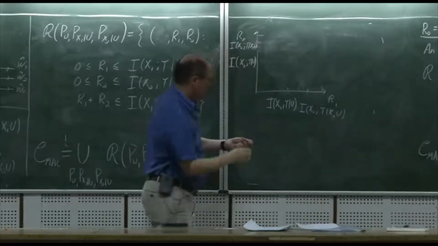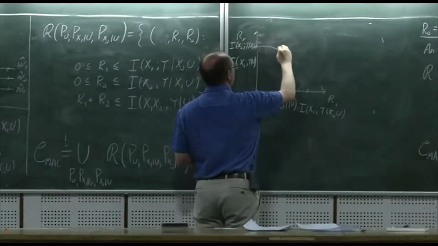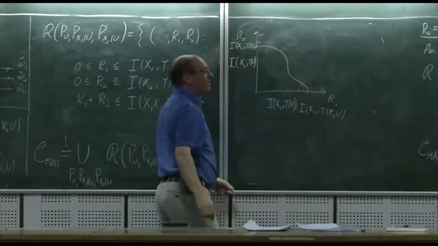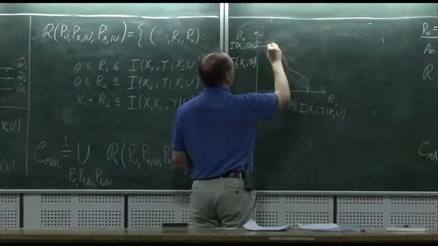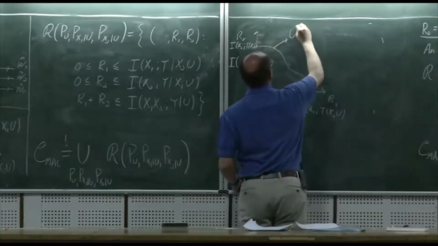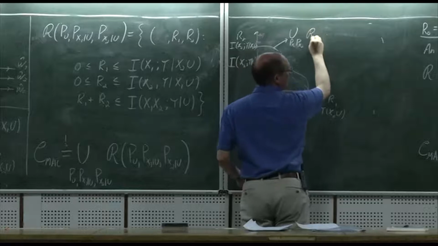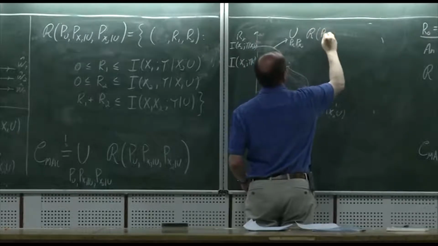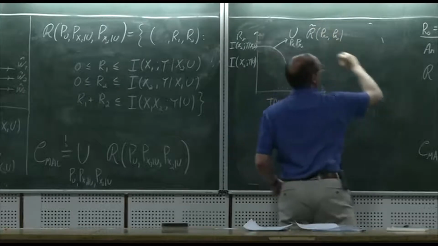I will get a region that might look like this. Oops, let me make it symmetric. So this might be this union here, P(X1), P(X2), R, P(X1). I guess I should call it an R tilde or something.